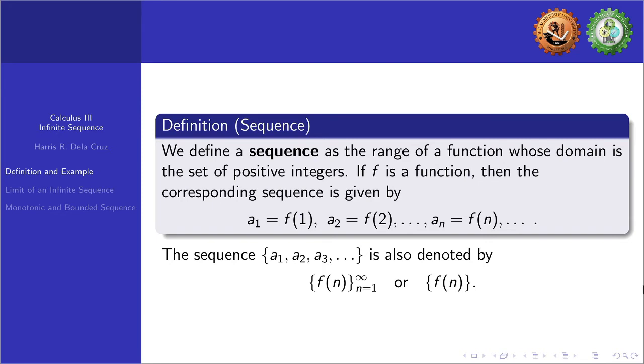If the values of n are clear, then we can remove the subscript n equals 1 and the superscript infinity, and just do away with the parentheses, then write the formula for the general term of the sequence f of n.